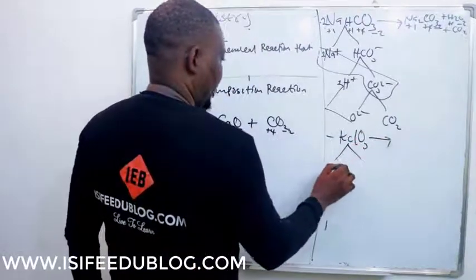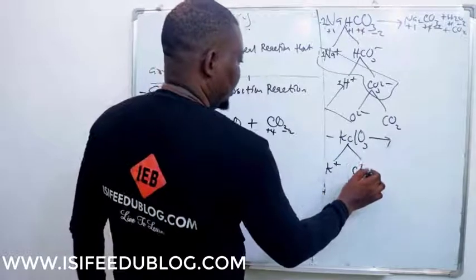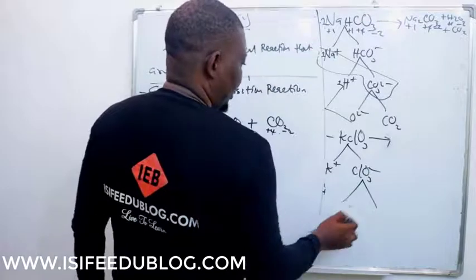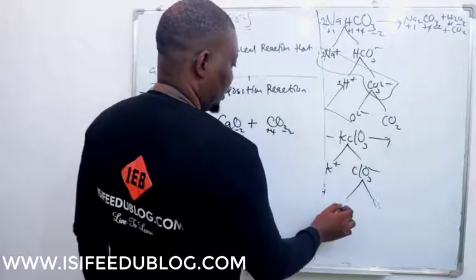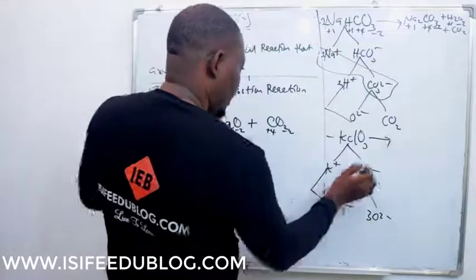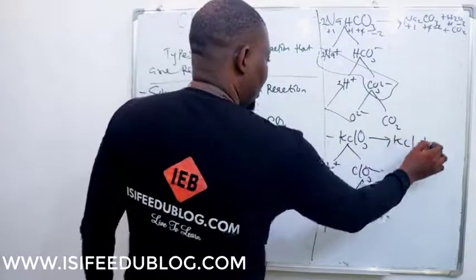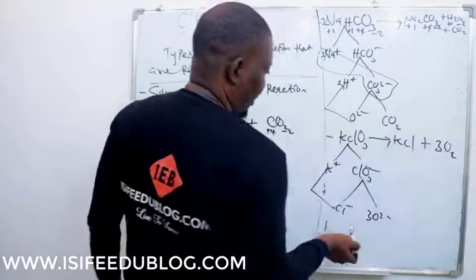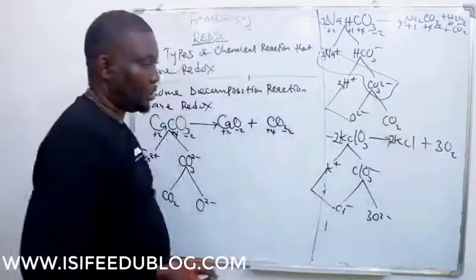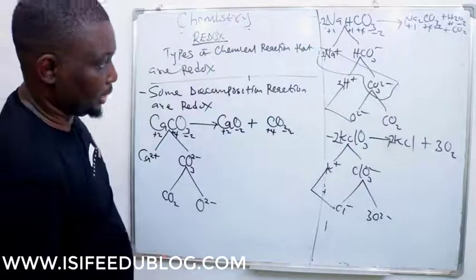Here will be K+ and ClO3-. In the case of decomposition, this gives Cl- plus 3O2-. These two will go together to give me KCl plus 3O2. If 3O2 is there, that means 2 will be here, 2 will be here, so the equation can be balanced. Let's check if it's a redox reaction.